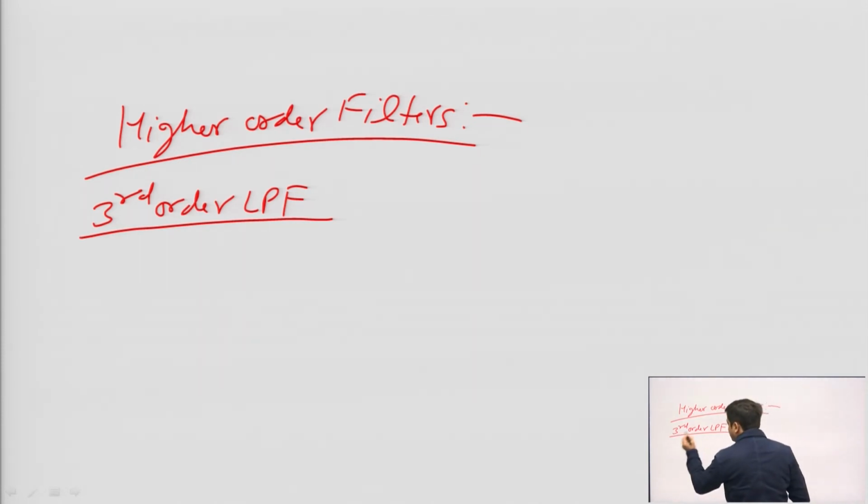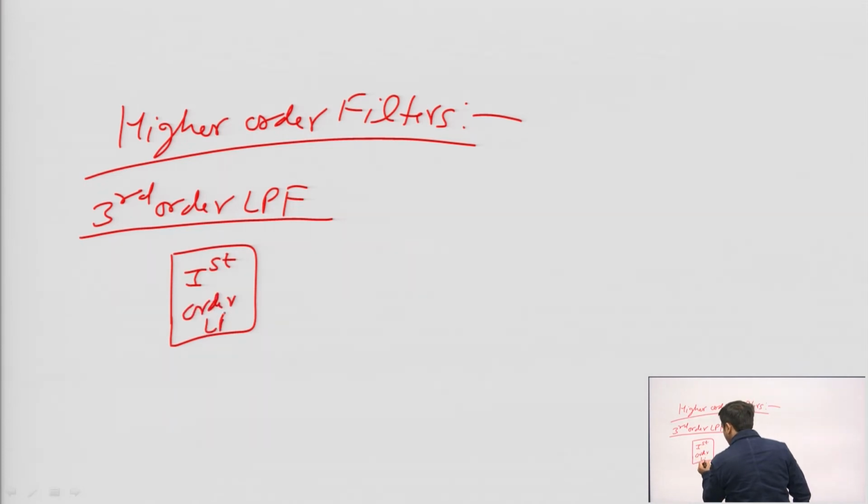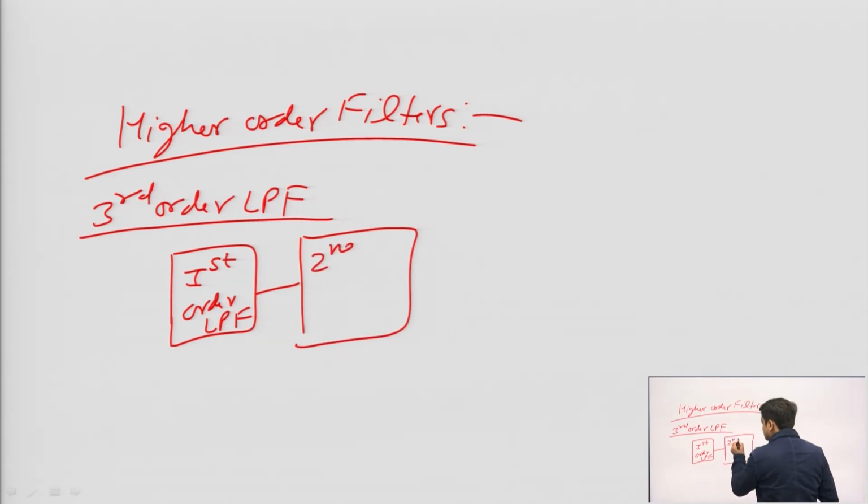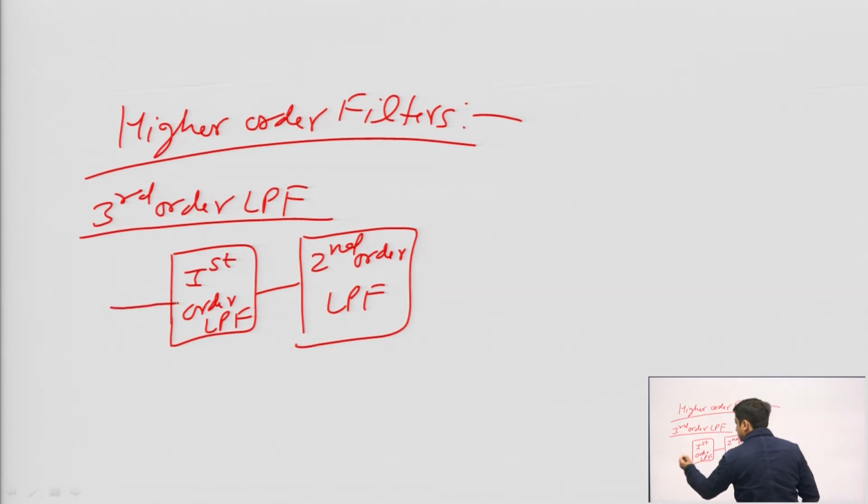It means that to design the third order low pass filter, just take a first order low pass filter and cascade it with the second order low pass filter.